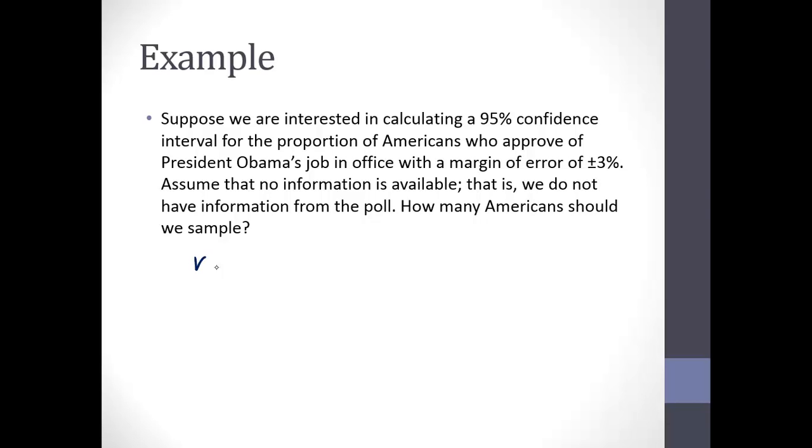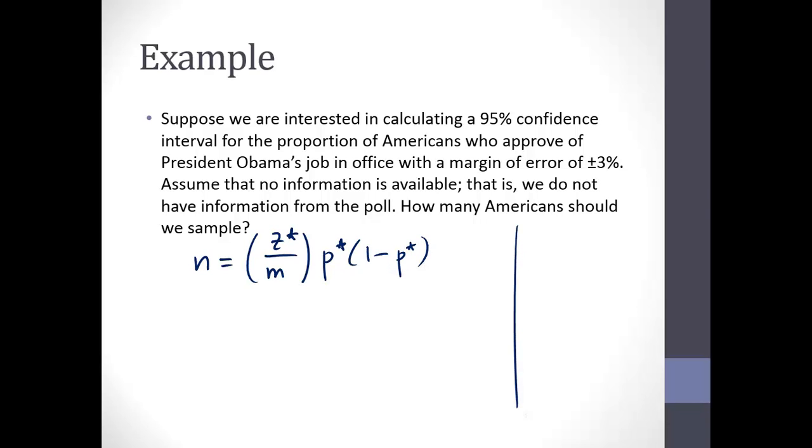So again, our formula, n is going to be equal to z star divided by m, squared, times p star times 1 minus p star. So I need an m, I need a z star, and I need a p star.